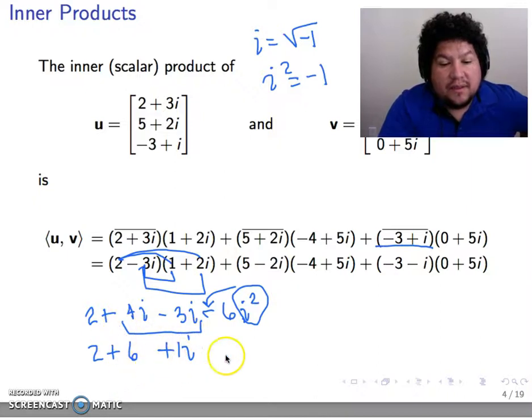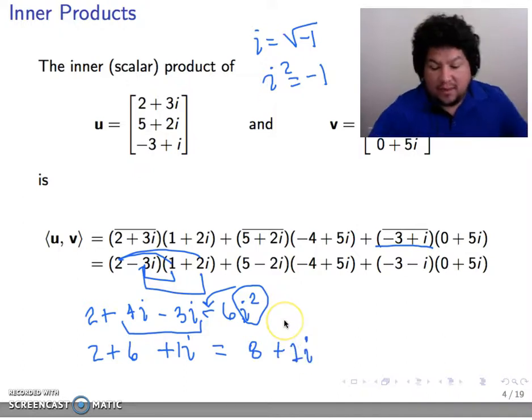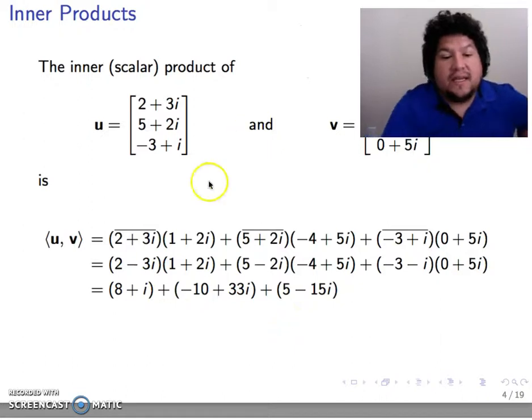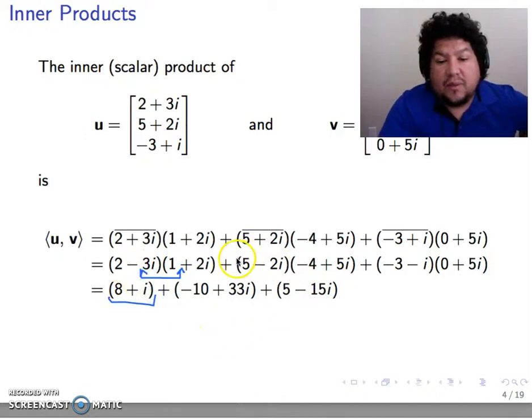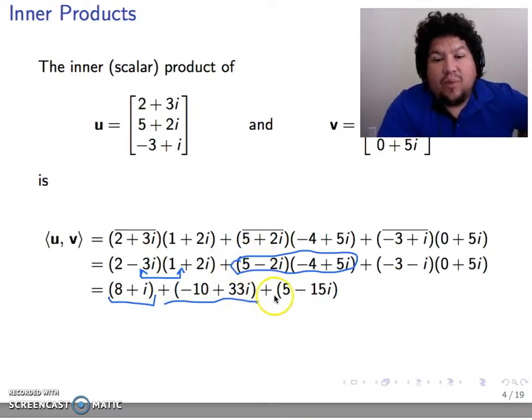So this becomes 8 plus 1i, which is what we have in the next slide. So multiplying these two complex numbers gives us 8 plus i, multiplying these complex numbers gives us minus 10 plus 33i, and the multiplication of these two complex numbers yields 5 minus 15i.